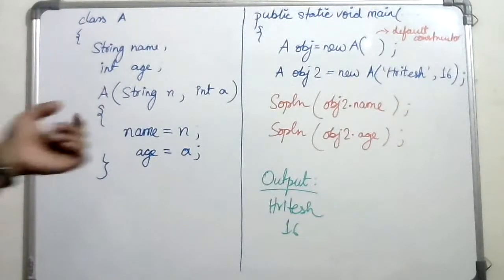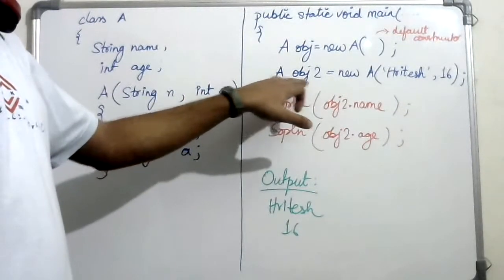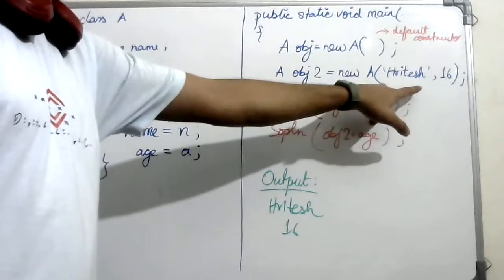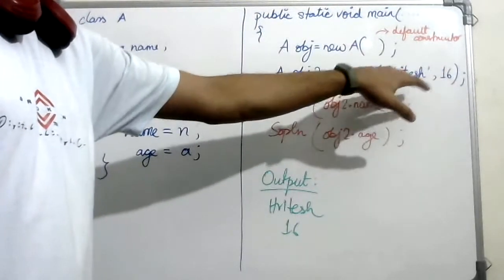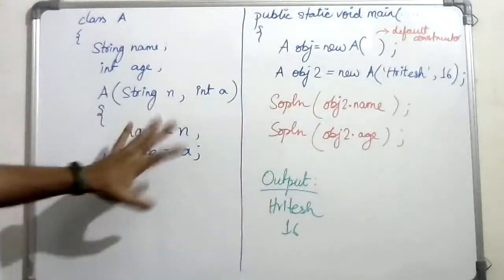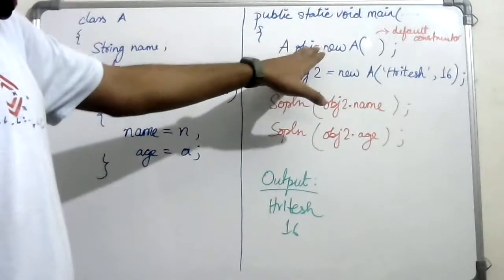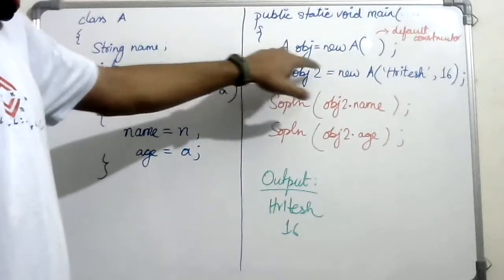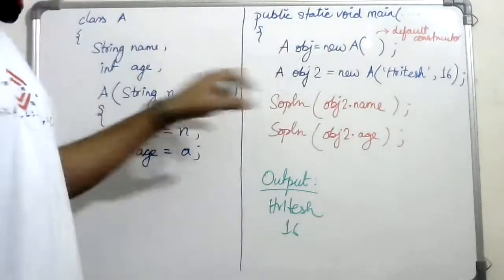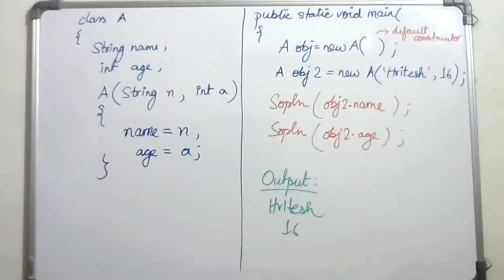Therefore, since obj2 has been called with the parameterized constructor, it will have the argument values stored in its variables. Whereas in the first case, since I'm calling the default constructor, the values stored in the variables are default values. That's the difference between a default constructor call and a parameterized constructor call.